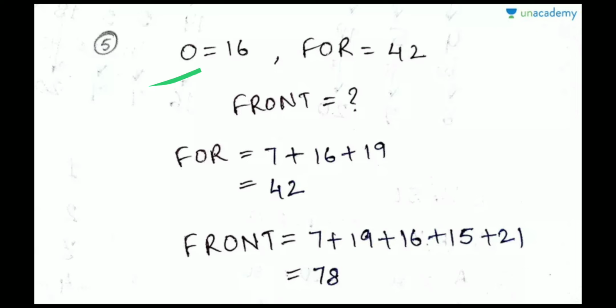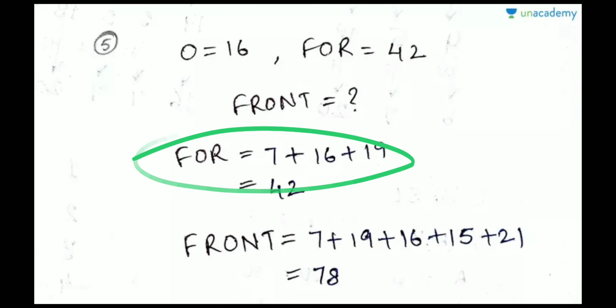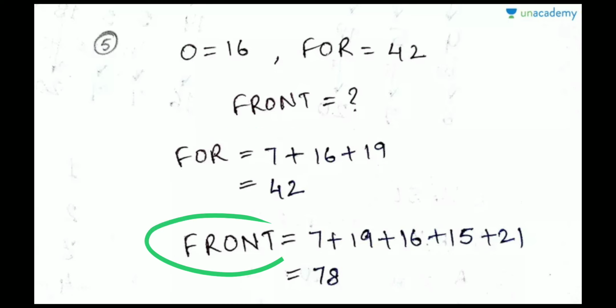It means O's position is 16. But in actual, O's position is 15. So it means that when you add 1 to that, you get 16, right? So this is what you have to follow in this coding pattern as well. Here also you will do the same thing. Just take the position of the respective letters and add 1 to all of them.